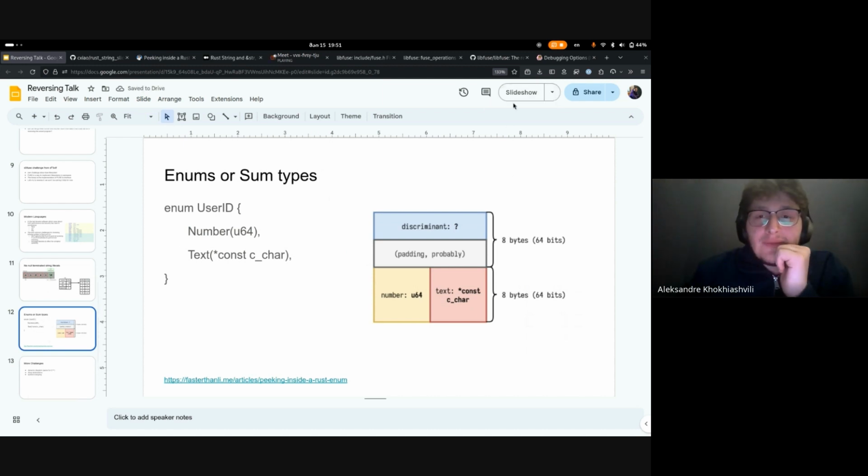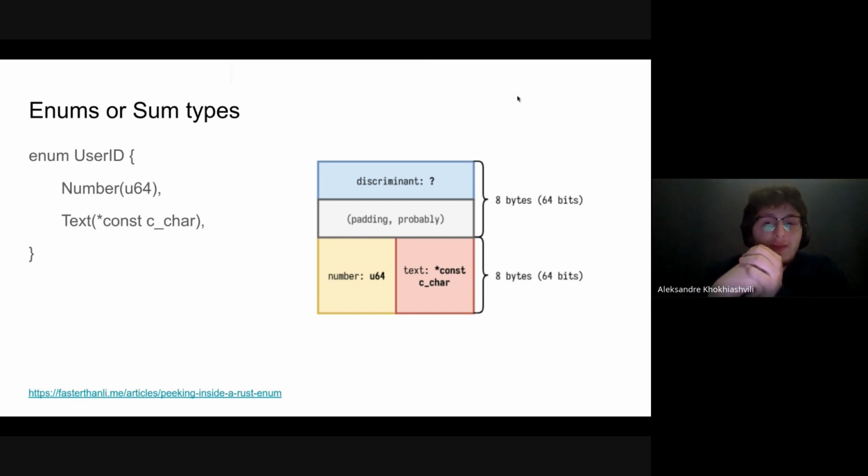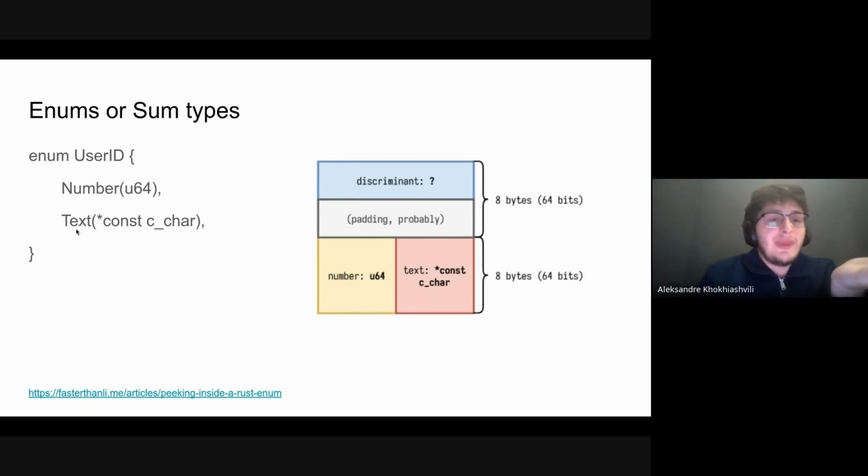Another caveat that you have to know specifically about Rust is that compared to C, it has support for sum types, or enums. This is a type which can be either one of two variants. So for example, if you want to support a user ID, which can either be a number or be a string, for example a char pointer.